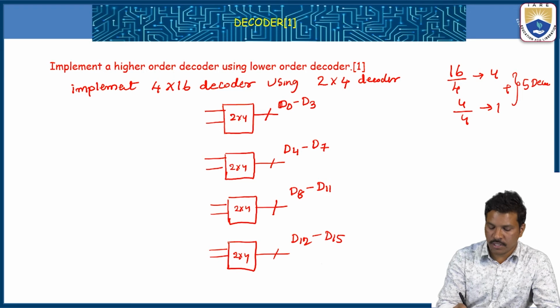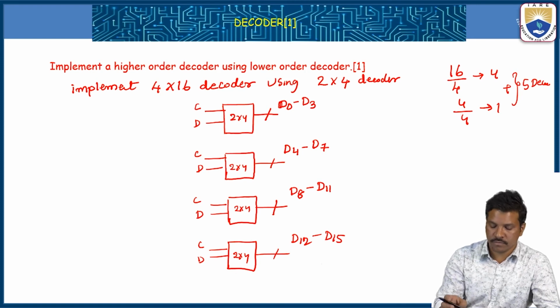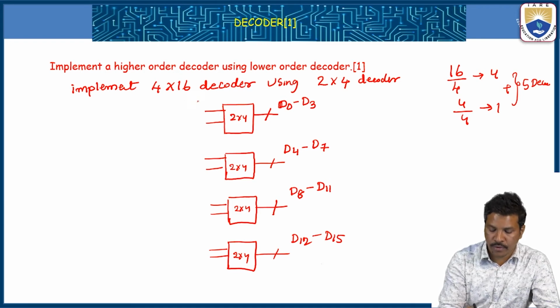Call these 2 inputs C and D. Otherwise you can connect them common. You can take these as CD.